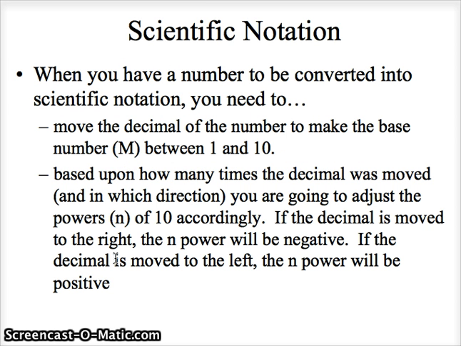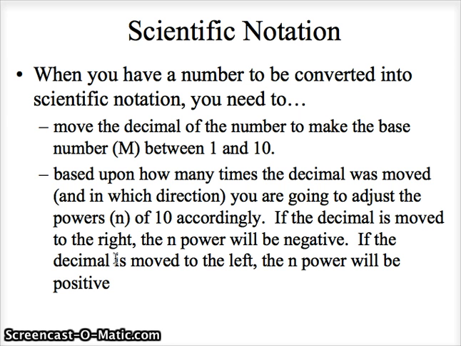So when you have a number to be converted into scientific notation, whether it's a small number or a large number, you have to move the decimal point of that value to make the base number m between 1 and 9.99999, and so on. Based upon how many times the decimal point was moved and in which direction, it's going to affect the power n of the power of 10 accordingly.